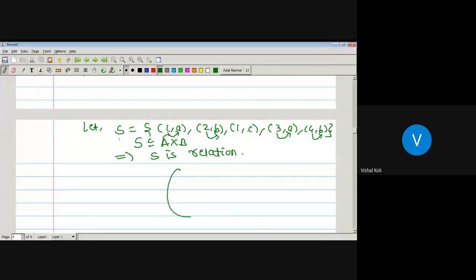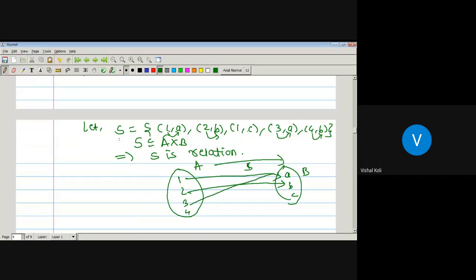That is, if this is A and this is B, here there are three elements a, b, c, and here four elements 1, 2, 3, 4, and there is a mapping from A to B in which 1 goes to a, 2 goes to b, 3 goes to a, 4 goes to b, and 1 goes again to c. So here there is one element 1 belonging to A which has two images, mapped onto two elements a and c, which contradicts the definition of function.